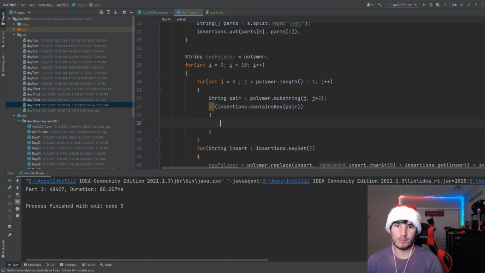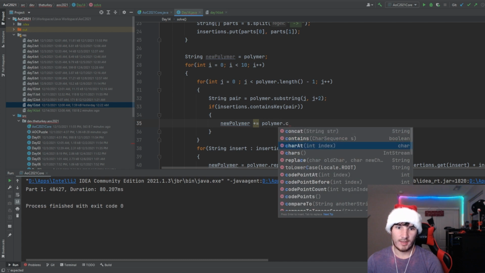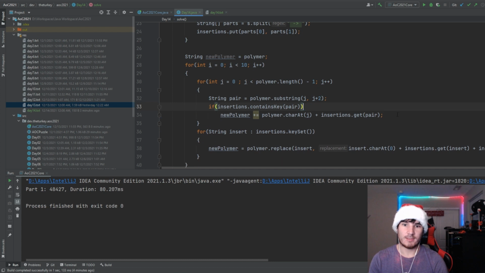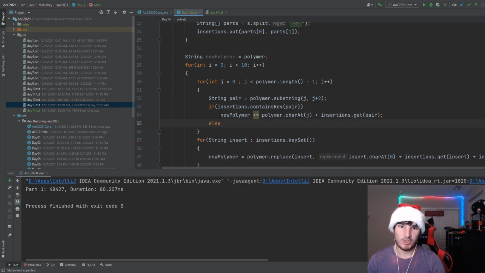What we'll go ahead and do is then do the new polymer plus equals the polymer char at j plus the new insertion, so plus insertion dot get pair. Otherwise, if this is not true, we will just do this.